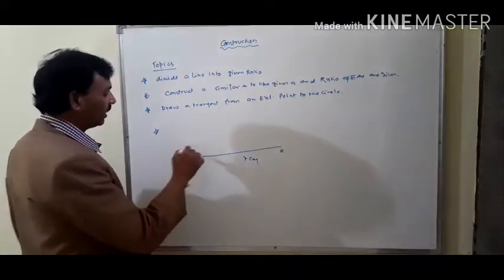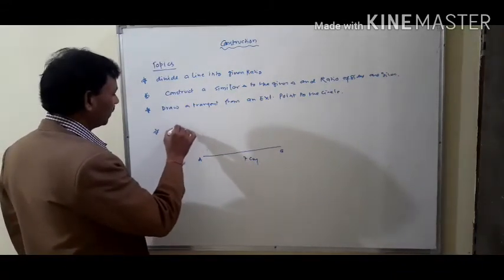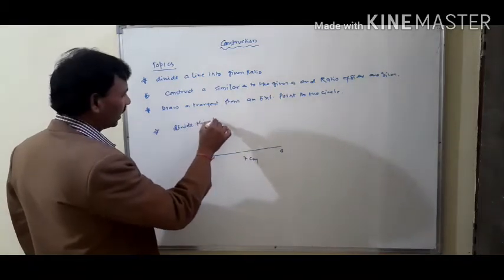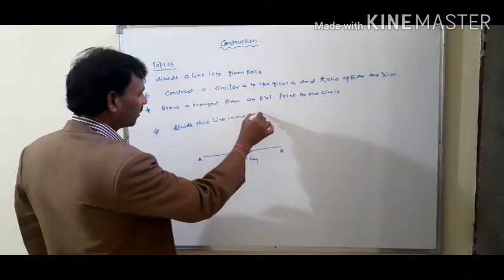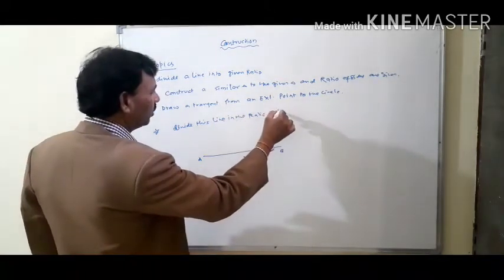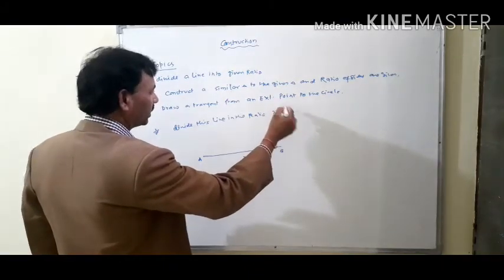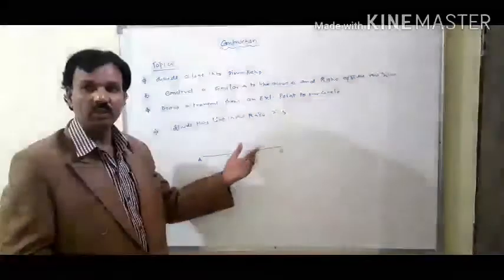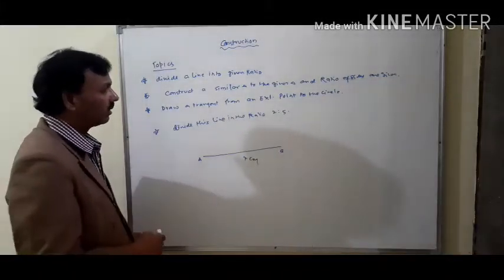Our question is to divide this line in the ratio 2:3 or 2:5. Suppose we want to divide this line in the ratio 2:5. For this it is very simple.